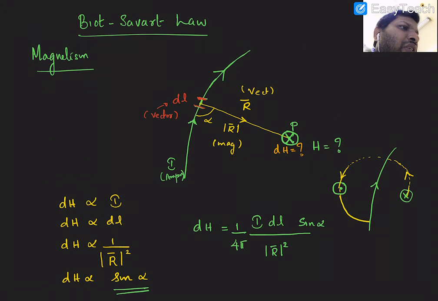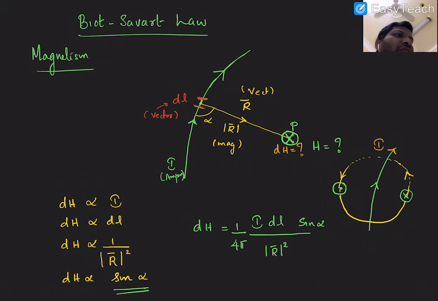This is the magnetic field due to this current carrying wire, which is carrying the current in this direction. Now you can see here that we want to represent this direction.